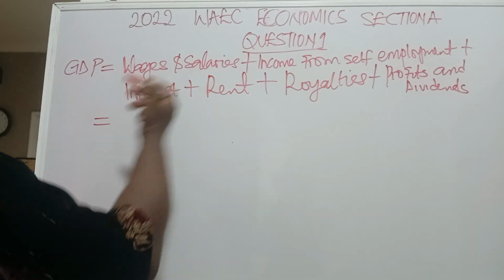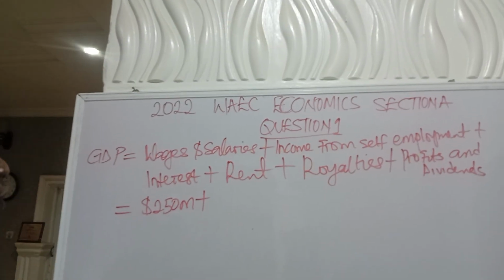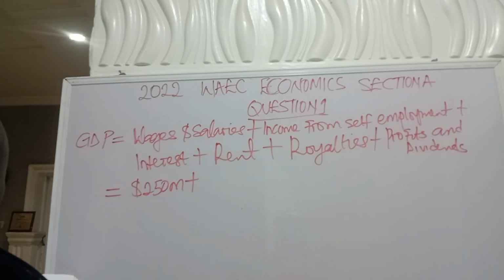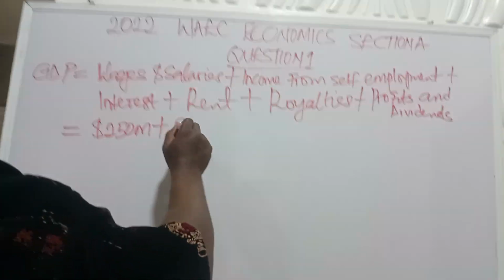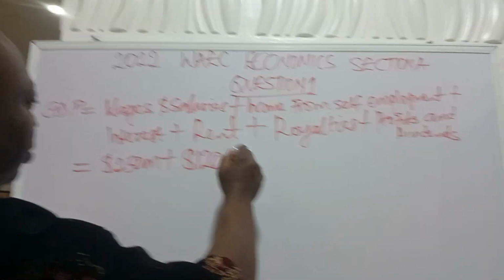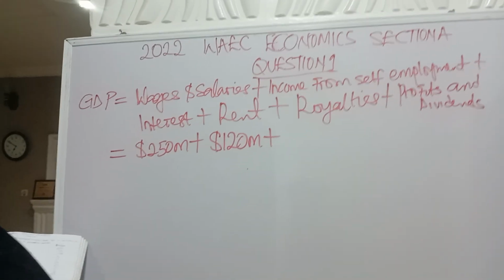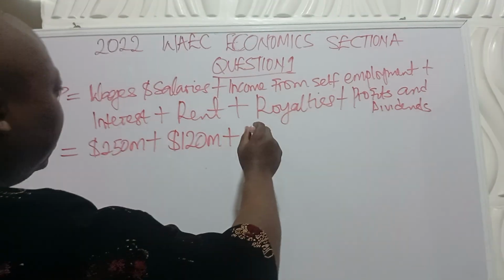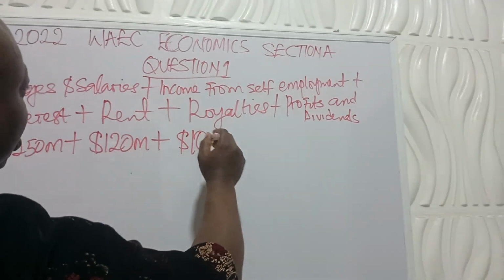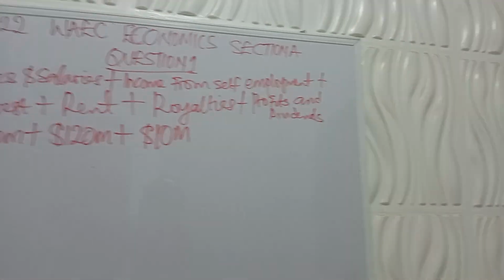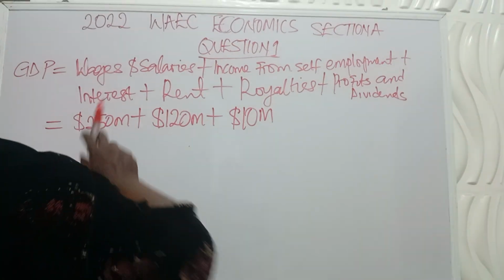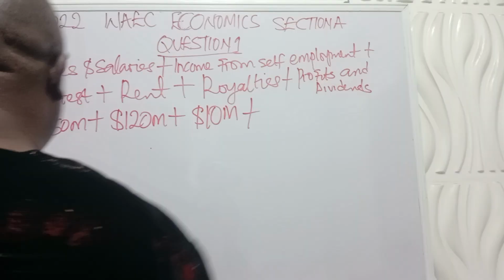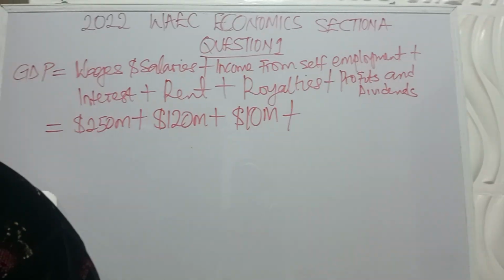So let's bring out the values now. Wages and salaries is $250 million. Income from self-employment is $120 million. Interest is $10 million. Rent is $25 million.